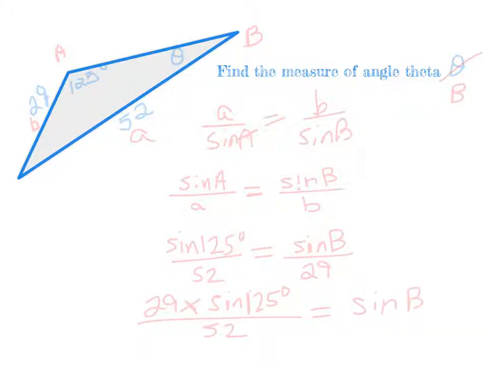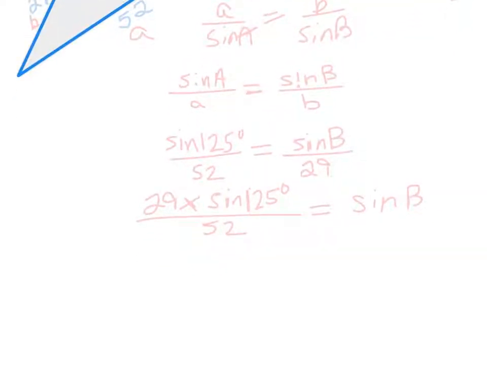So we've got to make sure that when we approach this question, we take 29 times sine of 125, divide it by 52, and we're not done yet, that is then going to have to be sine inverse, right? Because remember, to get the B out of here, we need to sine inverse both sides. So when you press all of these buttons in on the calculator, I'm going to write that out to 3 digits.